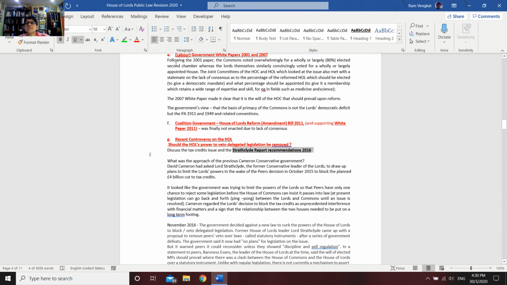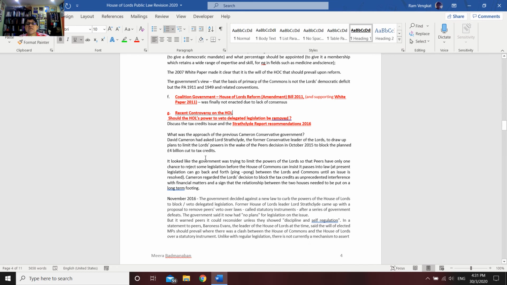Because during the Cameron Conservative government in 2015, what happened was there was a controversy that broke out because the Cameron government wanted to come out with legislation on, if you look here, all right, on tax credits. They wanted to come out with law to cut down on tax credits to save the government some money.